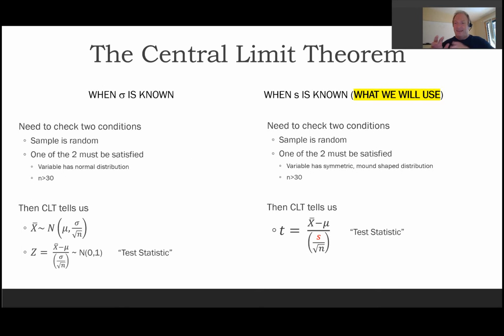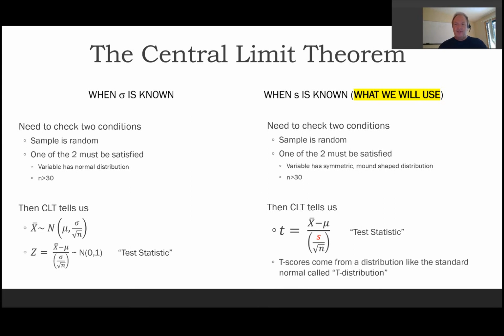And we notice that it's exactly the same as the z-score, except in lieu of the population standard deviation, we use the sample standard deviation, which makes perfect sense because the sample standard deviation is an estimator for the population standard deviation, the same way that the sample mean is the estimator for the population mean. And this is going to be the test statistic that we're going to use in our hypothesis tests.